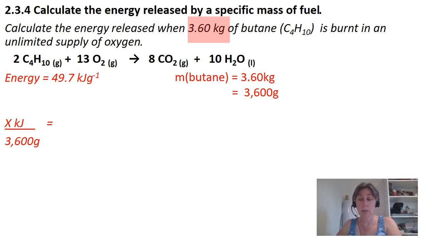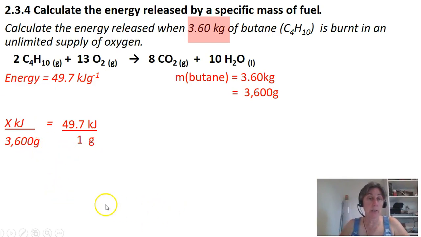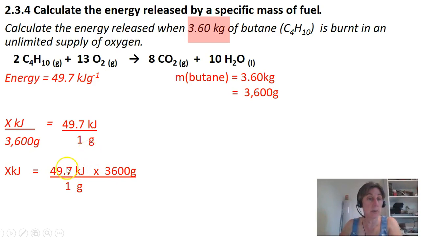Just with all our ratios, we're putting what we want on the top. We want to know the kilojoules for 3,600 grams, and the relationship that we know is that there's 49.7 kilojoules for every 1 gram. So then you just rearrange it as we normally do. Take this over the other side, multiply it. You can see in Edrolo, Catherine doesn't tend to write the units, but the units really tell you what to do.